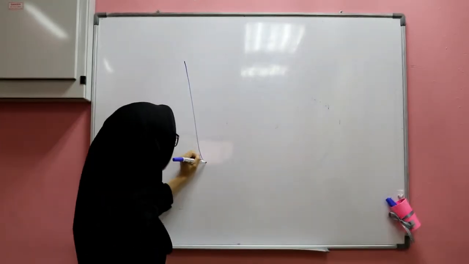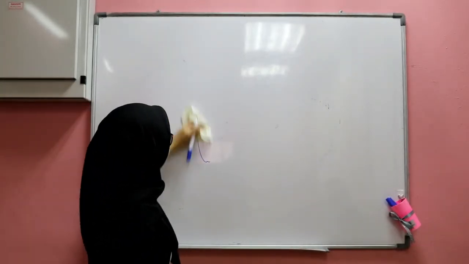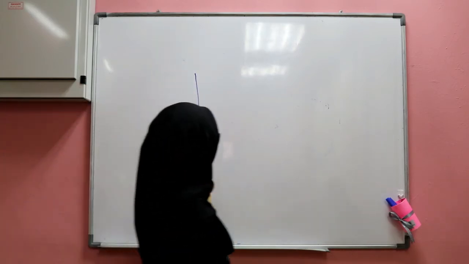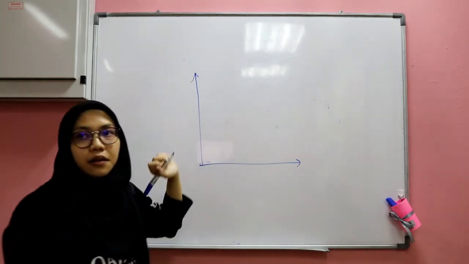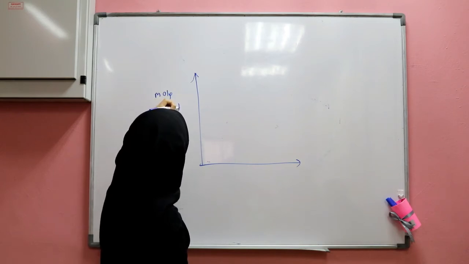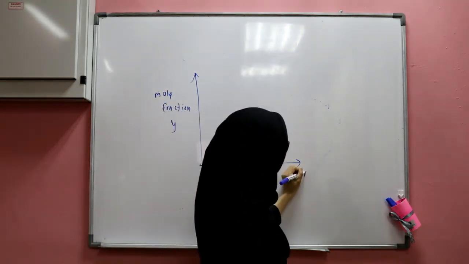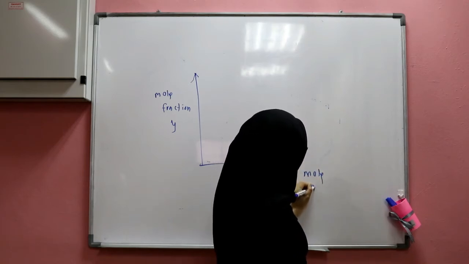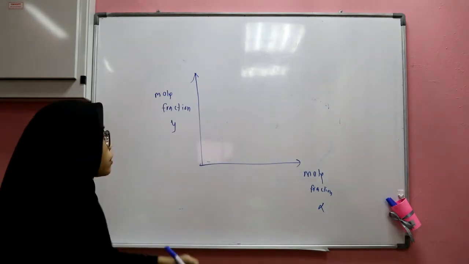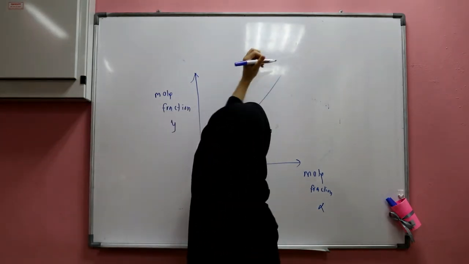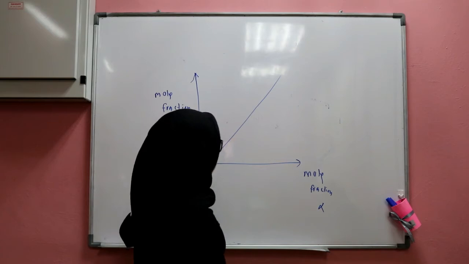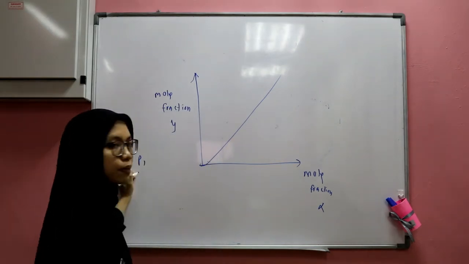For the graph, this is mole fraction Y and this is mole fraction X. So first we need to do the equilibrium line, and the values of the equilibrium line are given in the question, and we choose 2 points, P1 and P2.